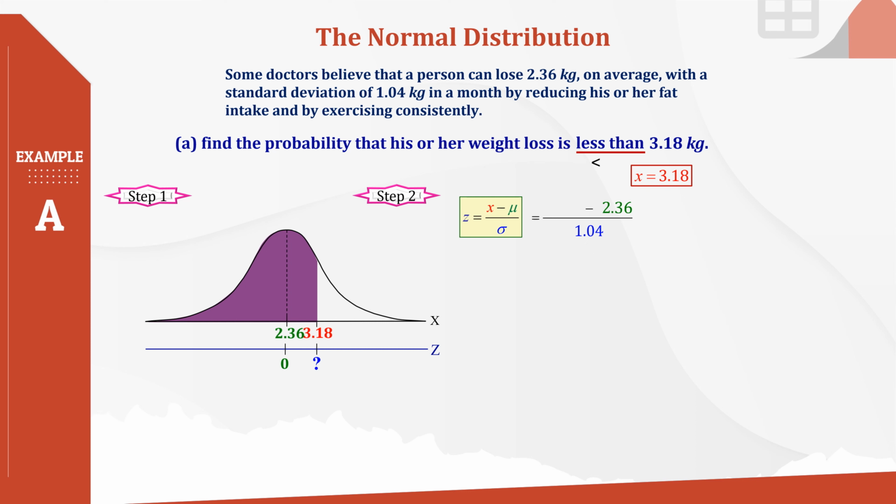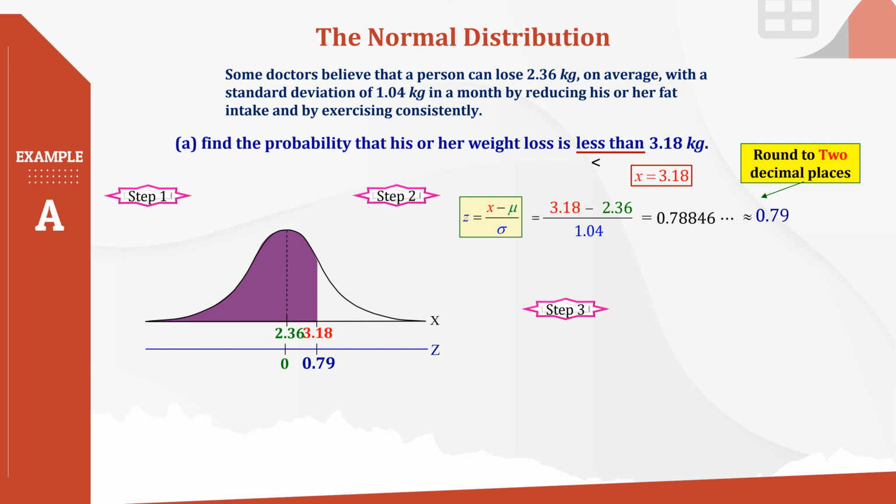Then place x value of 3.18 on the top left to get a z-score of 0.79. Please round z-scores to 2 decimal places.